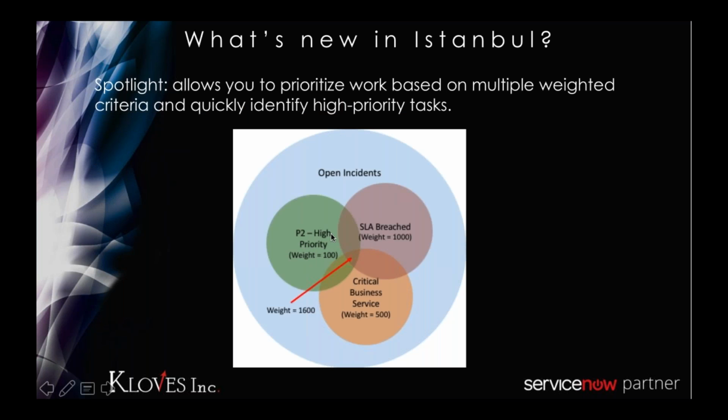And notice each of these different criteria have a weight associated to them. So what becomes identified in our spotlight is whatever goes beyond that threshold. We can put it at 1600 and say that anything that goes above 1600 we show here.